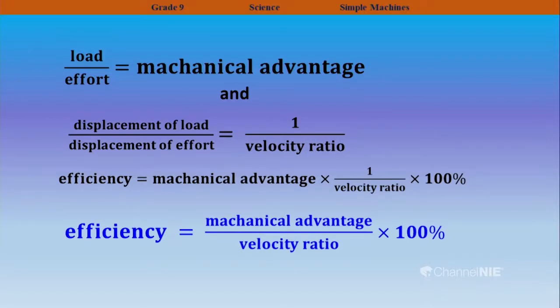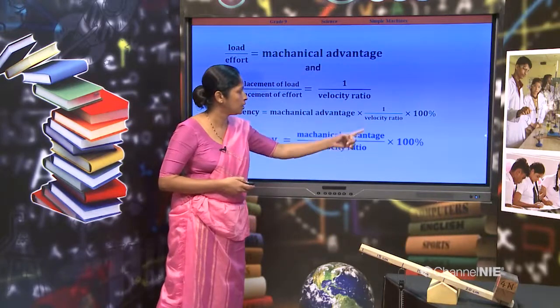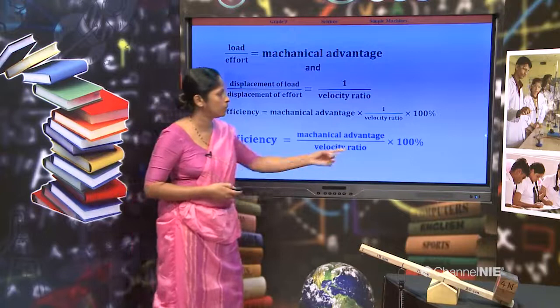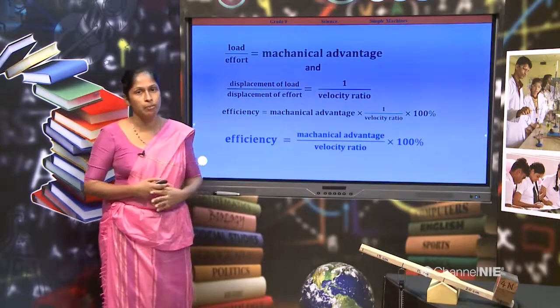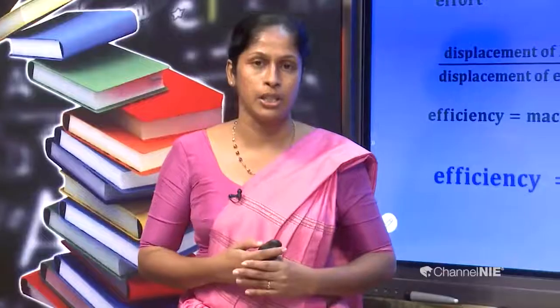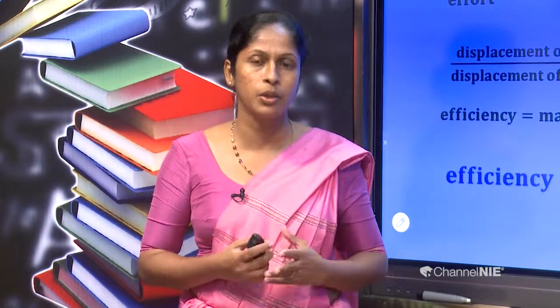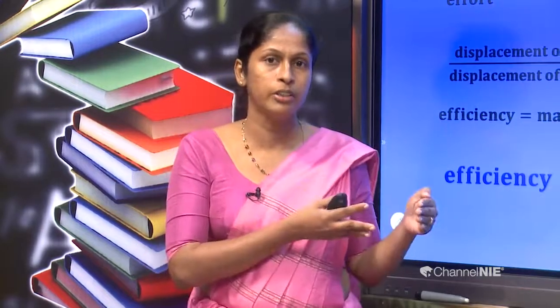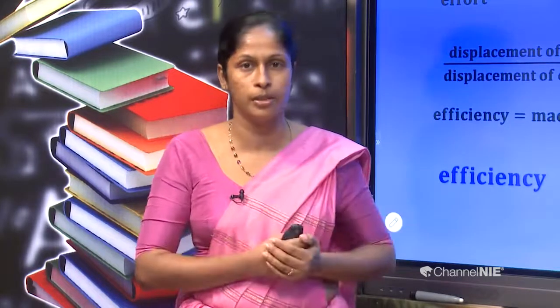Finally, we got another different equation to calculate efficiency. Mechanical advantage divided by velocity ratio into 100. Now, I think you can remember two equations. One, efficiency can be calculated in the way of work output divided by work input into 100.